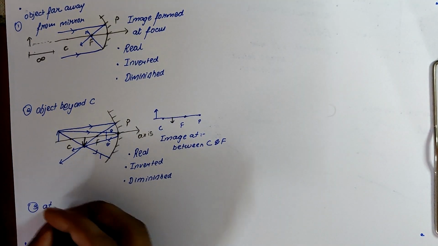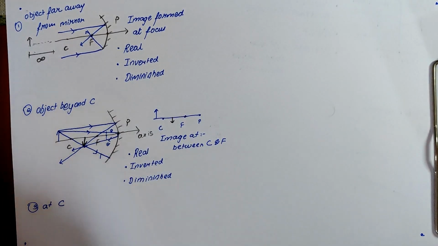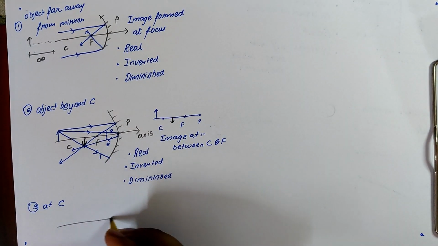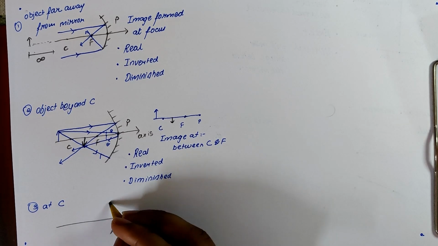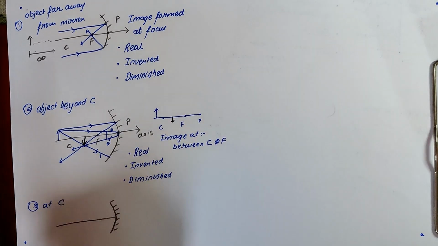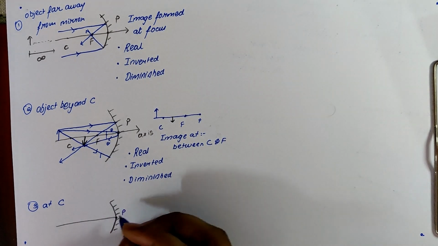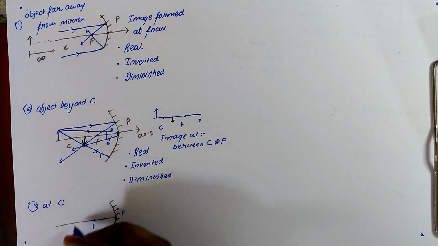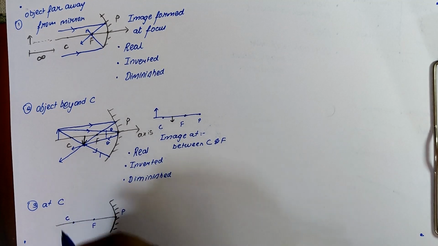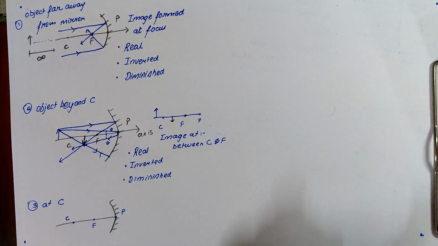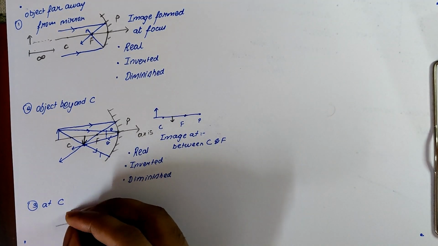It's at C, meaning the object is going to be on C. So this is the pole, this is the focus, and this is the center of curvature. So how am I going to place the object? Like this.